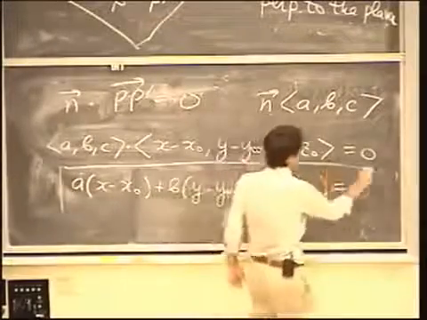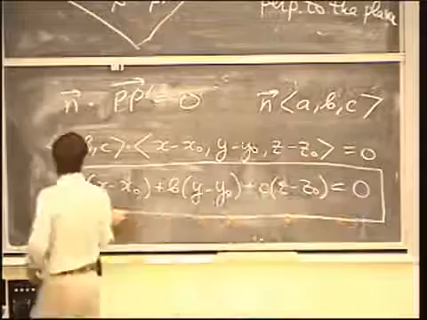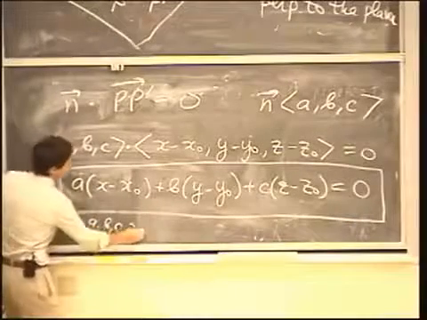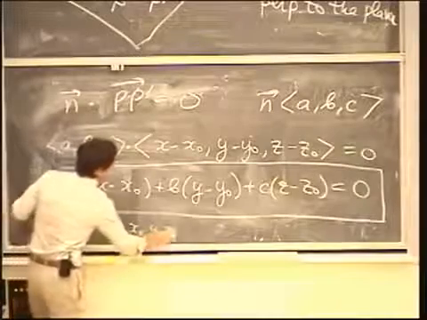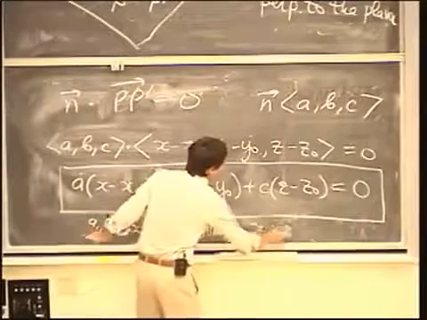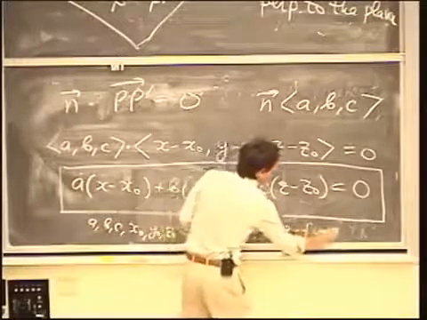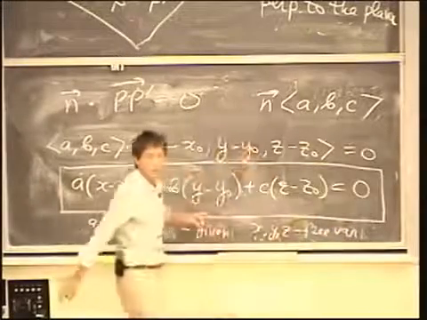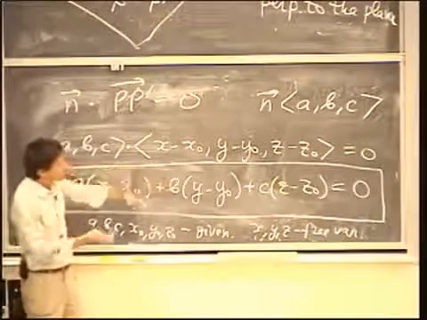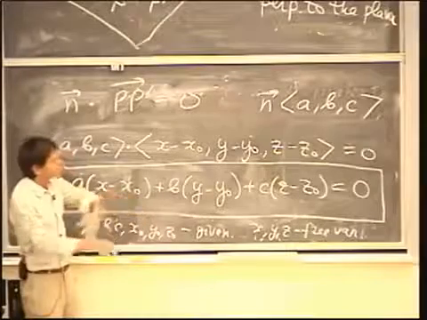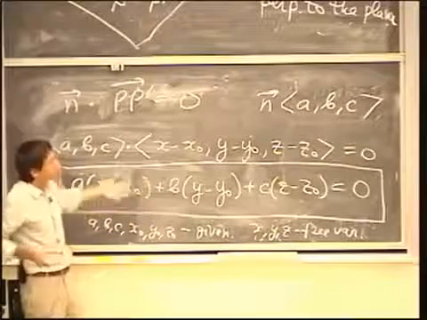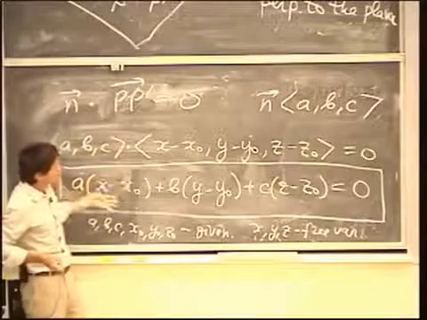So here you have one equation in which a, b, c, x0, y0, and z0 are given, and x, y, z are the free variables, right? And all x, y, z which satisfy this equation correspond to the totality of all points on this plane. So as promised, a plane is given by one equation, and here's a way to derive this equation.